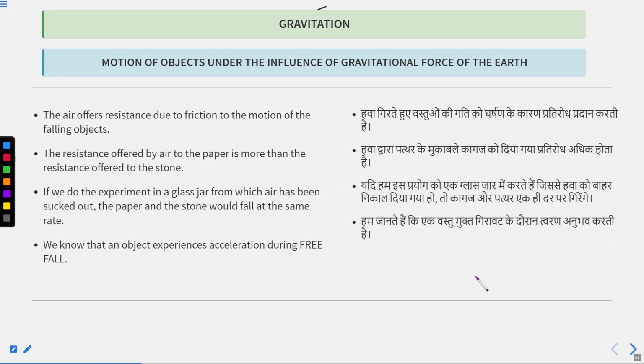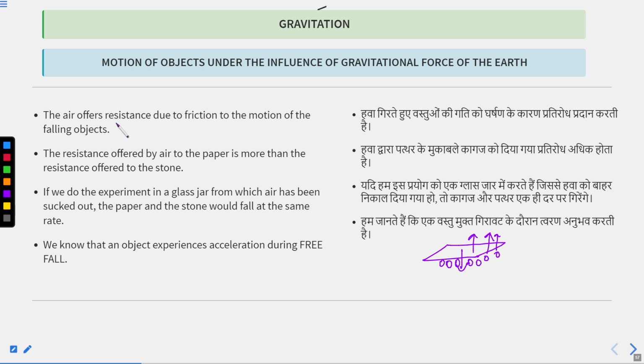Okay, what is air resistance? This is a piece of our paper. When this paper is falling downwards, air molecules will try to stop the motion of this paper to fall on the ground, and they will resist and give it an upward force, which is known as air resistance.